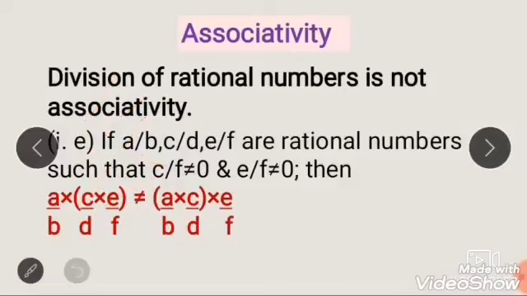Similar to commutativity, the division of rational numbers is not associative. That is, if a by b, c by d, e by f are rational numbers such that c by d is not equal to 0 and e by f is not equal to 0, then a by b divided by c by d divided by e by f is not equal to a by b divided by c by d, divided by e by f.